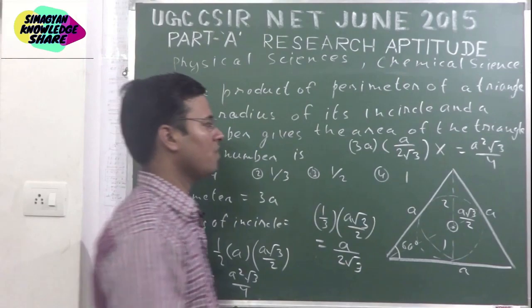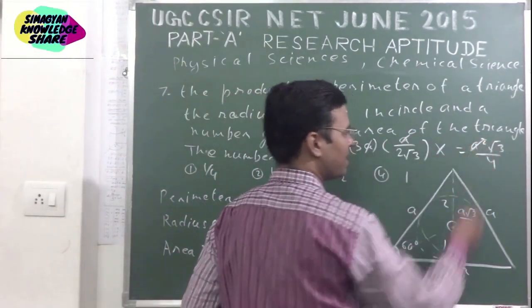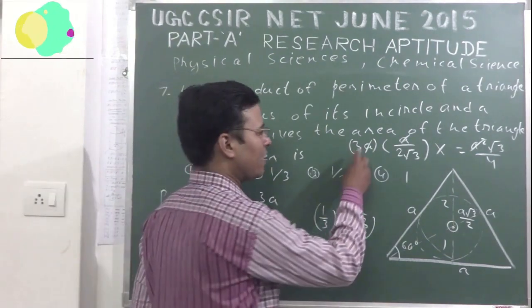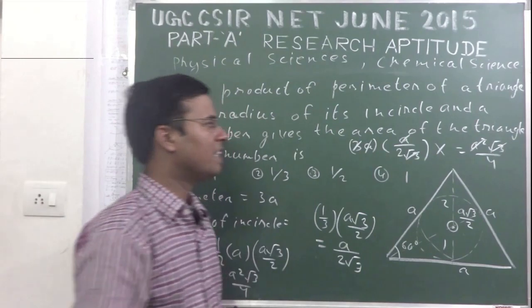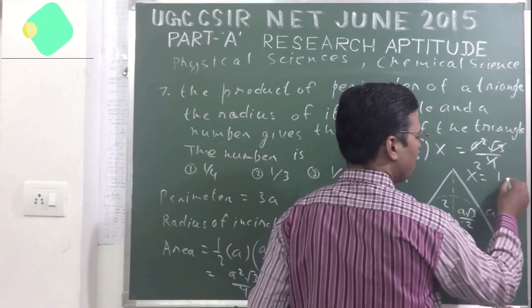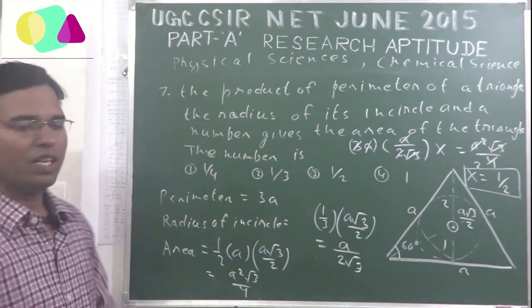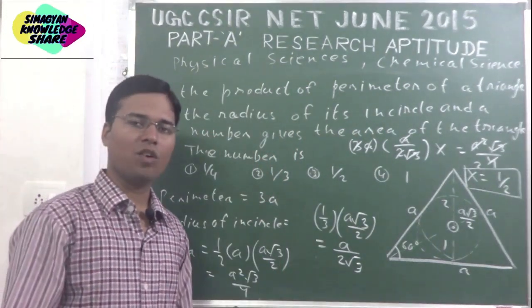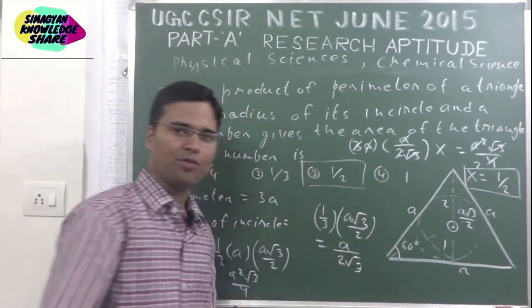Now if we solve this, the a values would cancel with each other, the root 3 would cancel, and the unknown x would have the value 1 by 2. So the correct answer of this problem would be option 3, 1 by 2.